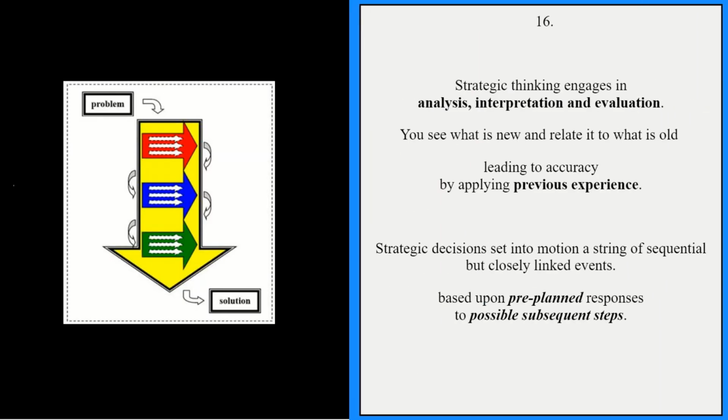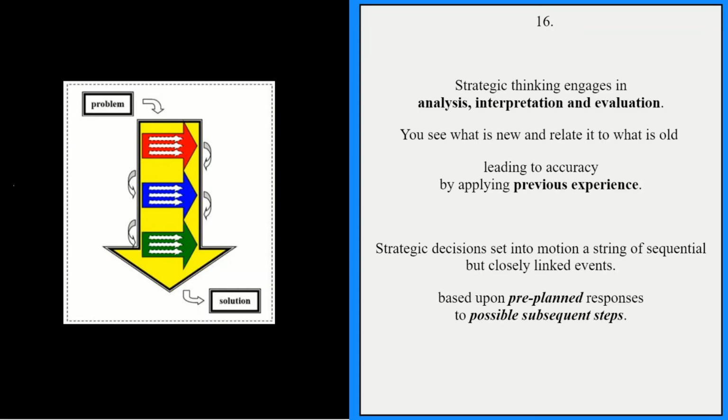Strategic thinking engages in analysis, interpretation, and evaluation. You see what is new and you relate it to what is old. This leads to accuracy by applying previous experience.